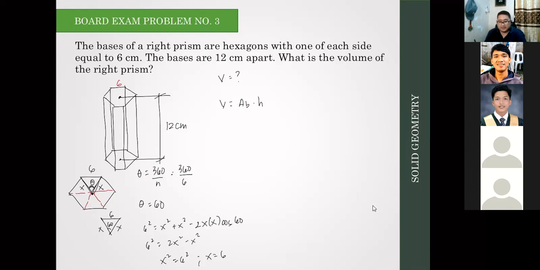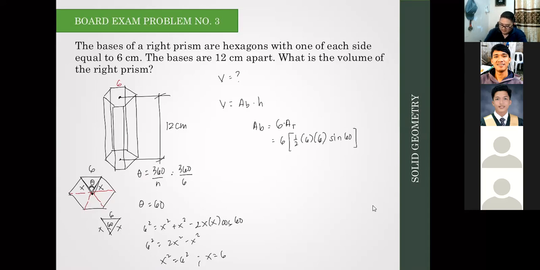Okay? So, once na meron na tayo nun, kunin natin yung area ng base. Ang area ng base natin will be yung area natin ng triangle times natin ng 6. Okay? Kasi 6 triangles yun. So, we have 6 times yung area natin. Pag meron tayong triangle na ganyan, we can use yung 1/2 x, yung value ng x natin, which is 6, times 6 sine of 60.